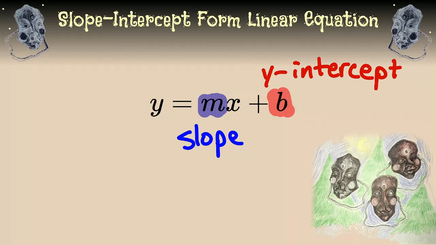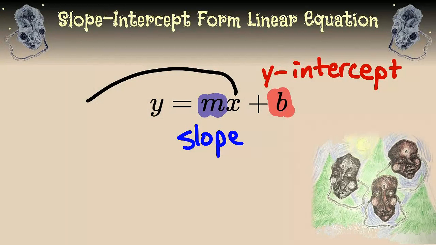We say that the slope is a coefficient for x. It's a number that is in front of our x. And the x and the y, those are our two variables.